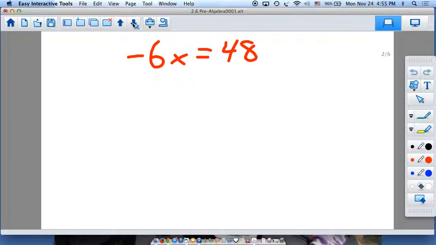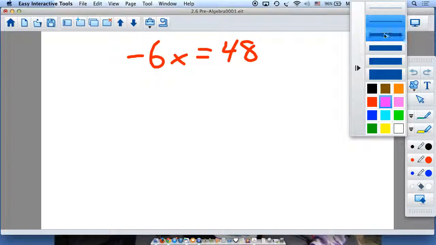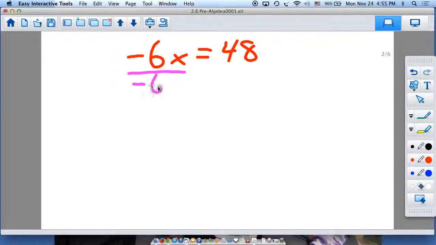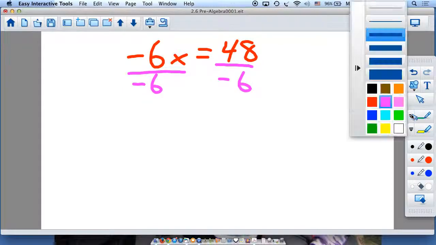In this example, we have negative 6x equals 48. So we're going to divide both sides of our equation by negative 6. Negative 6 divided by negative 6 is going to give us a positive x.